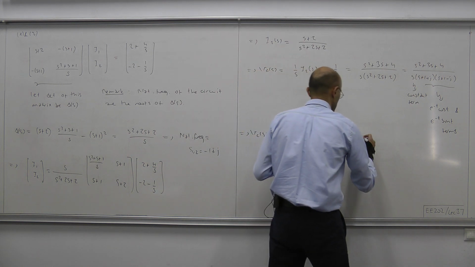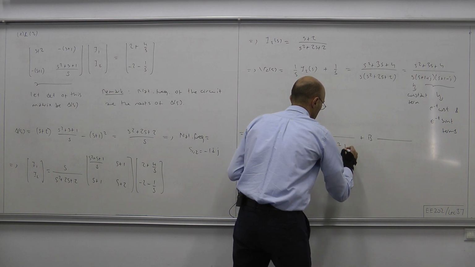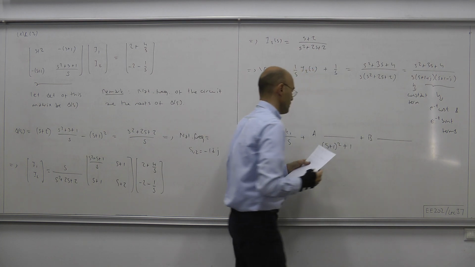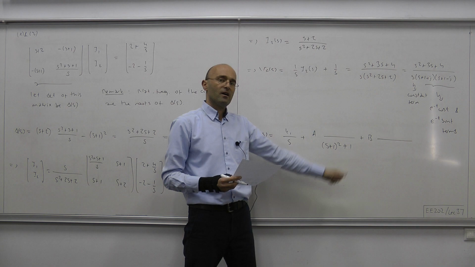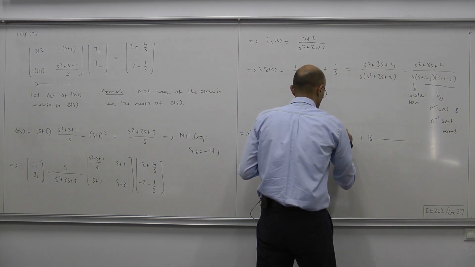So here we have (S plus 1) squared plus 1 squared, that is, (S plus alpha) squared plus omega squared, and here we have S plus 1 also.